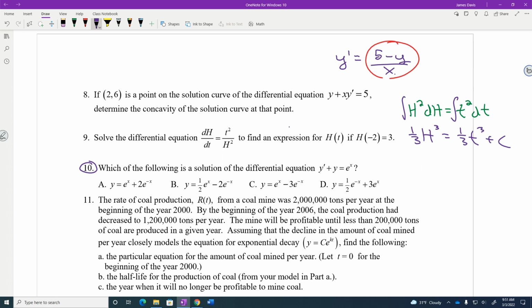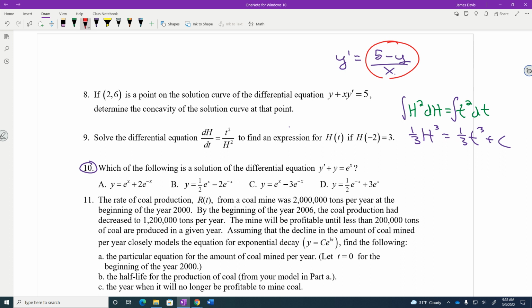It doesn't matter what order you want to do this in, but if you want to go ahead and solve for C now, you can. It works at any time. And then solve for h. Whether you solve for h first and then plug in, it really doesn't matter. You can also just multiply everything by 3 if you want to. That makes it easier. Maybe you can do it as an intermediate step.